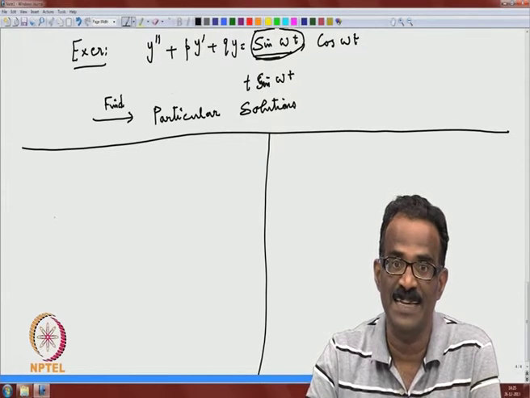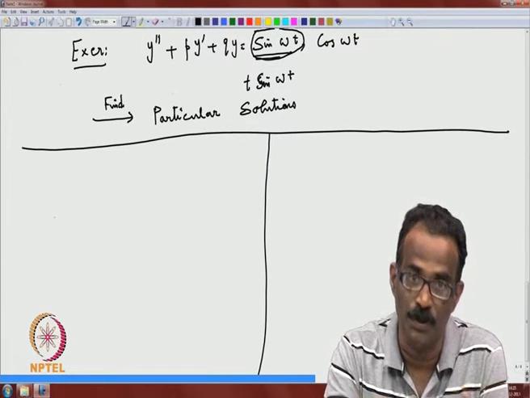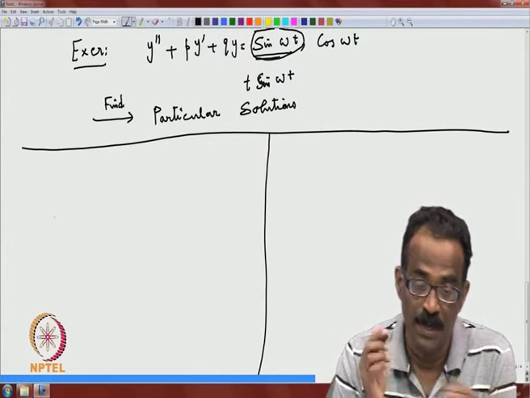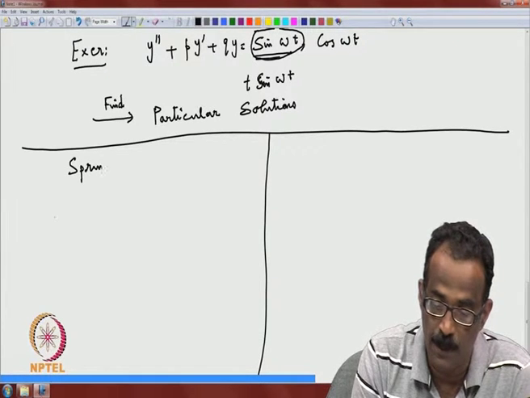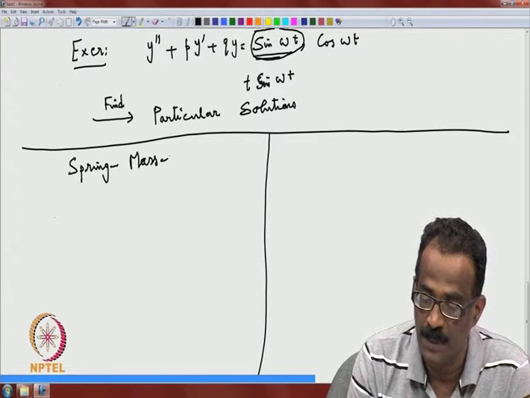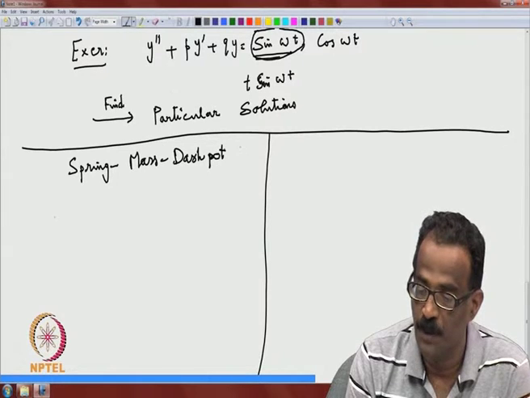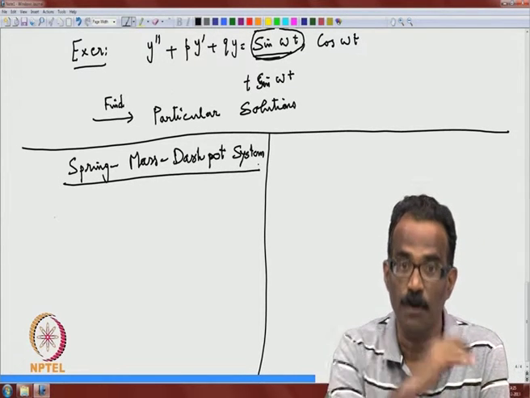I will not give the details here, but to complete the thing, and I want you to understand these equations in a better way, you recall your spring mass dashpot system. So, for more details you go back to that problem.